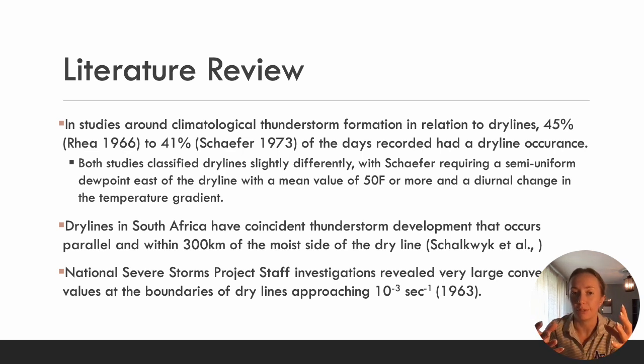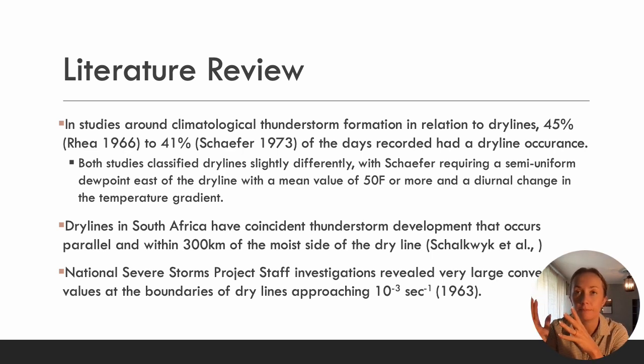Schaefer uses dew point and temperature and diurnal changes in the temperature gradient, but in general, a pretty common method to classify a dry line is looking at a surface moisture boundary that has a specific humidity or a mixing ratio of greater than 3 grams per kilogram of moisture gradient deviations.